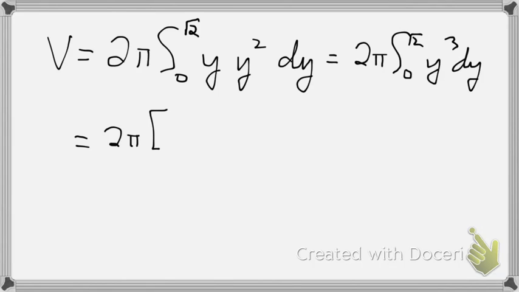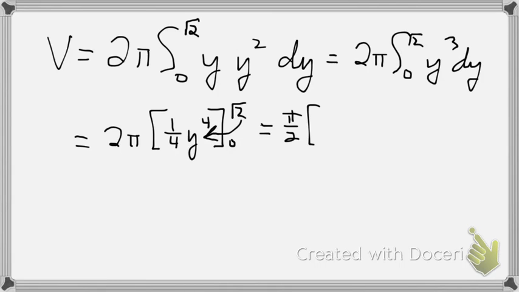Antiderivative of y cubed? We got 1/4 y to the 4th. Now, if I pull that 4th out front, that winds up being a pi over 2, right? And then I'm just plugging into y to the 4th. What's the square root of 2 raised to the 4th power? 2 to the 4 halves, which is 2 squared, which is 4.